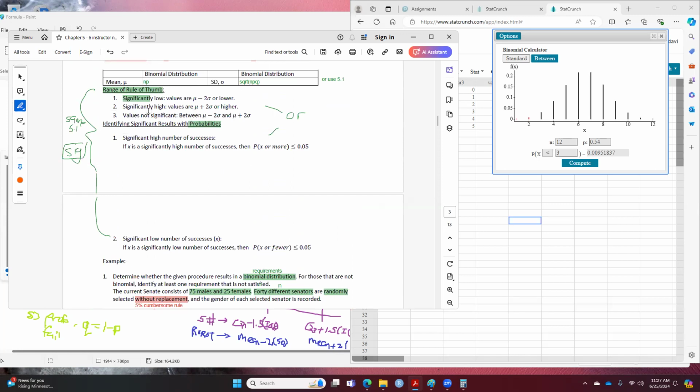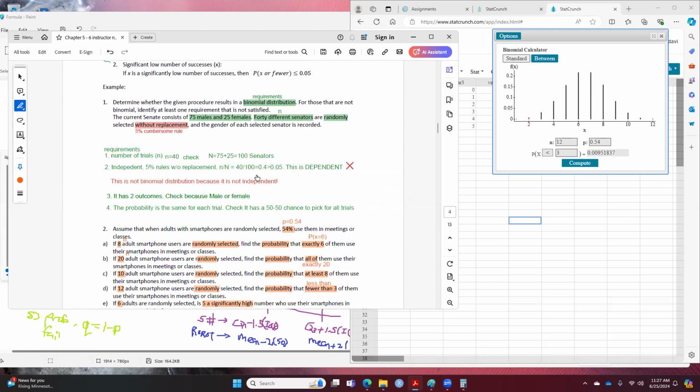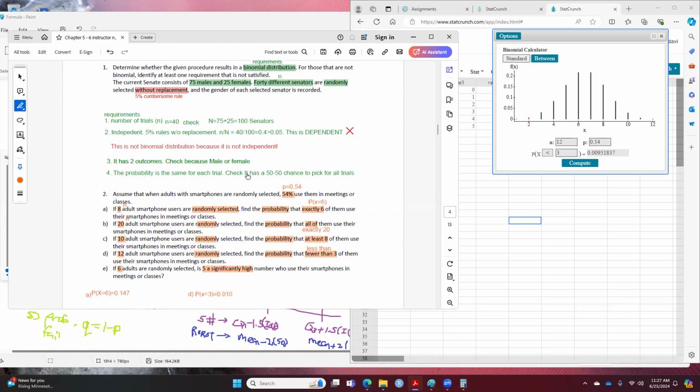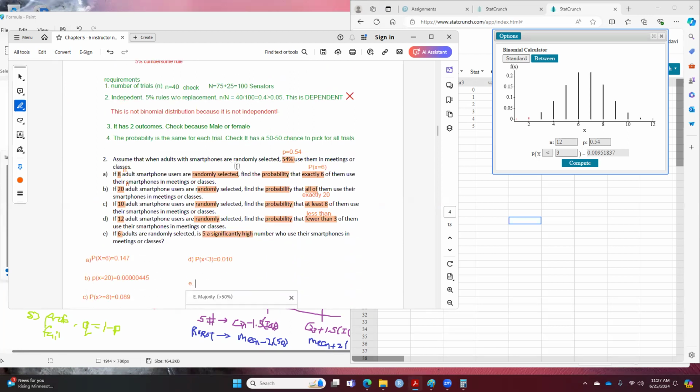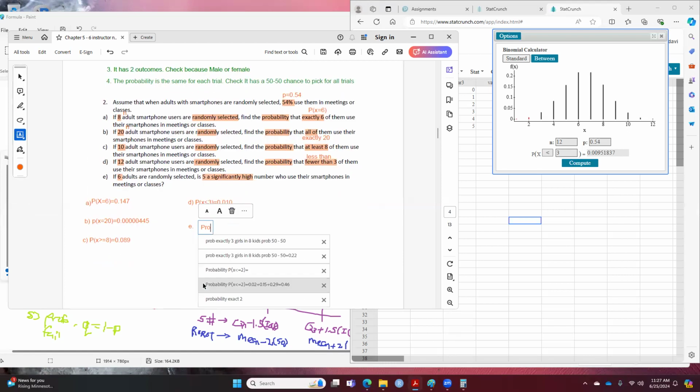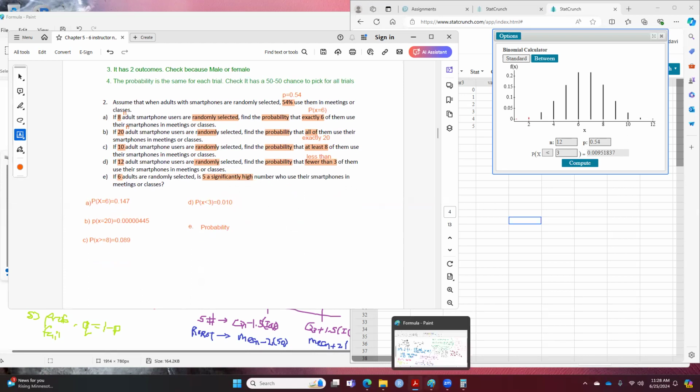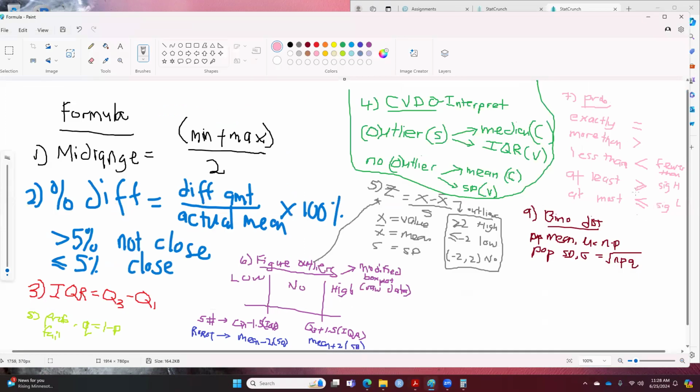For the range rule of thumb, you need to know your mean and standard deviation, but the question does not provide them. You have to find them. It's not difficult, but the best way for this is to find the probability. So we're going to use the probability method in this case. And the words are significantly high.